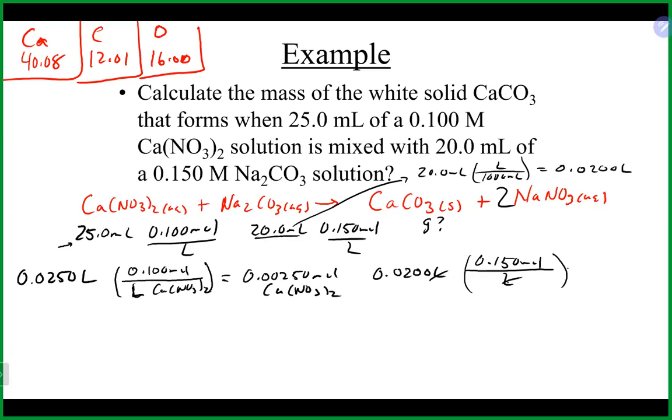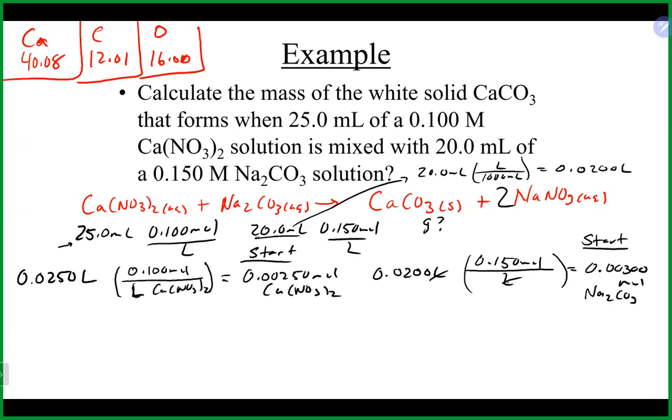Liters here will cancel. Going to give us 0.02 times 0.150. 0.003 moles of our sodium carbonate in this case. So remember that this is the starting amount of that guy. This is the starting amount of this guy.